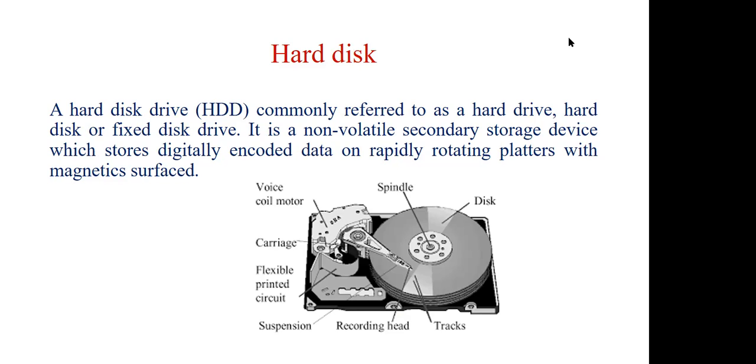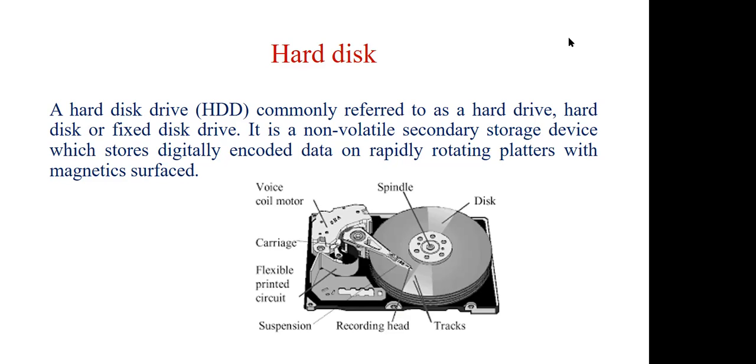They are coated magnetically on both sides, and a huge size is made with many disks. So this is the hard disk, which has a very large capacity to store the data permanently.